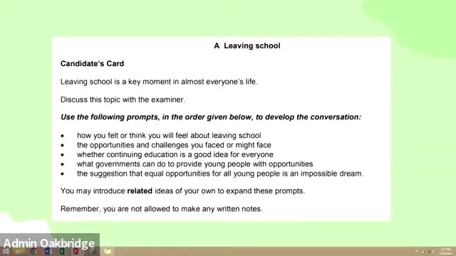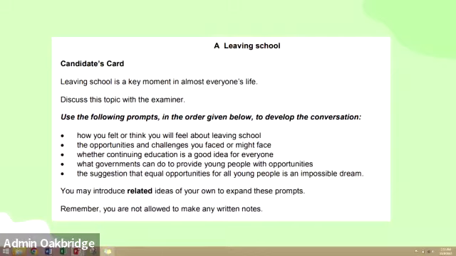So you see, use the following prompts in the order given below to develop the conversation. All right. So you can see here there are 5 prompts. The first one is how you felt or think you will feel about leaving the school. Second one, the opportunities and challenges you faced or might face.